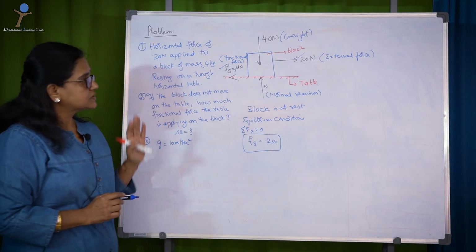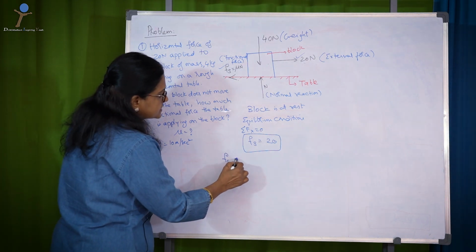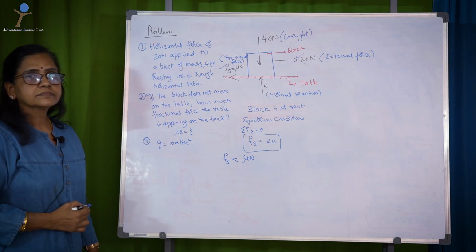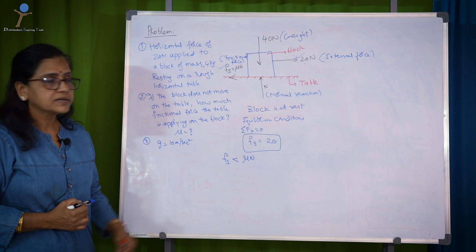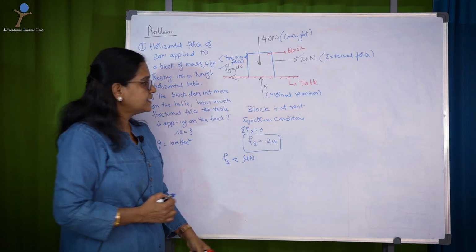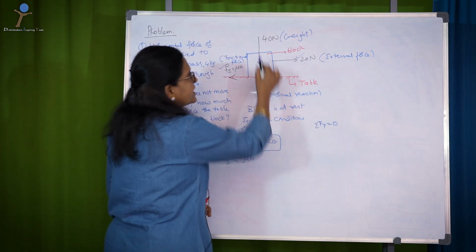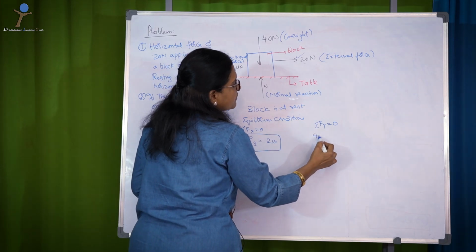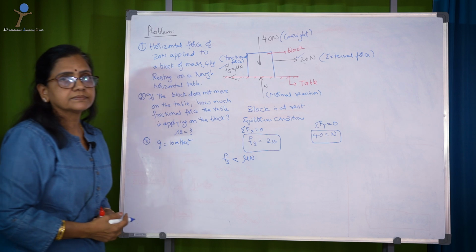Now, since the block is not moving, Fs is less than mu into N. What is N? N is the normal reaction by the table on the block. How do you obtain that? Use another equilibrium condition, sigma Fy equal to 0, the sum of the forces in the y direction is 0, that is, 40 equal to N, so N is 40 newtons.